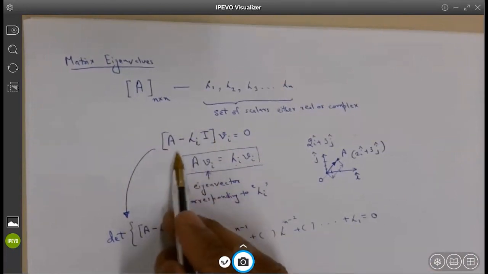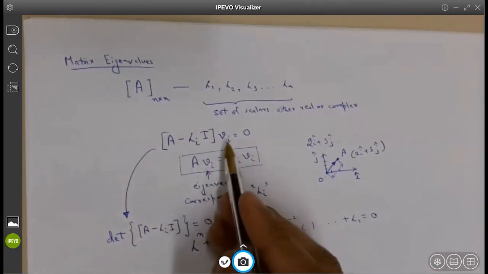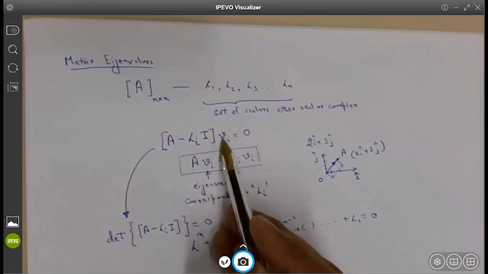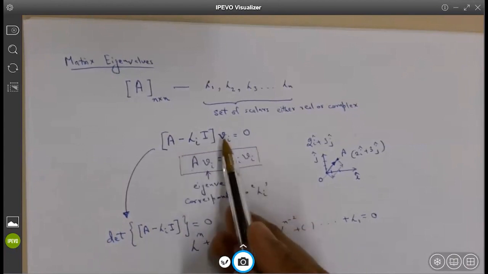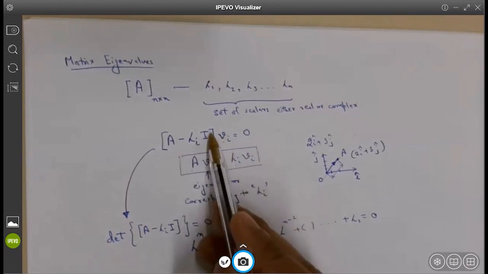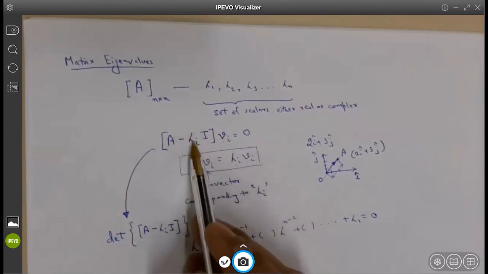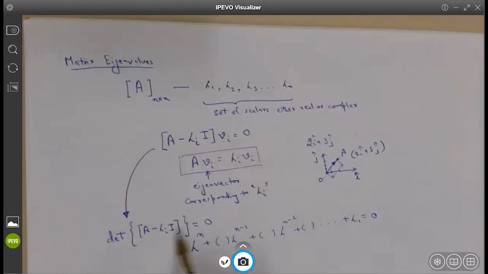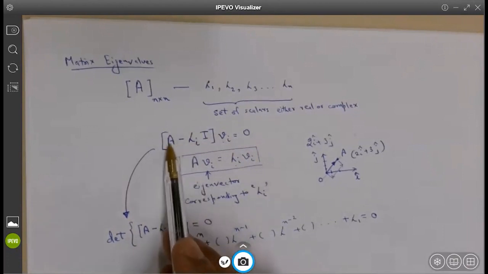The determinant is set to 0 because the vector is not 0; an eigenvector is a non-zero vector which satisfies this equation. If this vector is non-zero, then this matrix has to have a determinant equal to 0. That means it has to be a singular matrix. You cannot just say that the matrix equals 0.